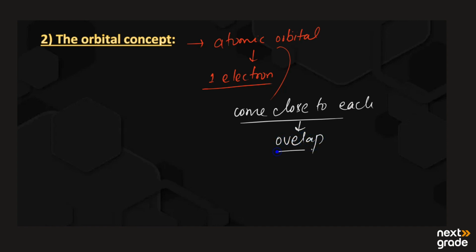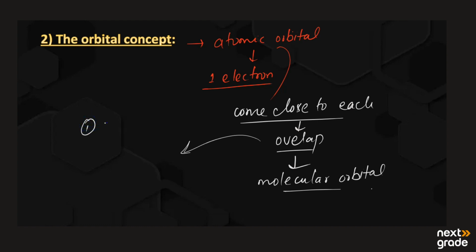When they overlap, they form molecular orbitals. After the formation of the molecular orbitals, they share their electrons, and this overlapping is of two types: sidewise overlapping or endwise overlapping.